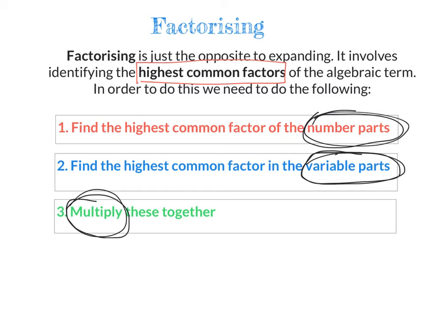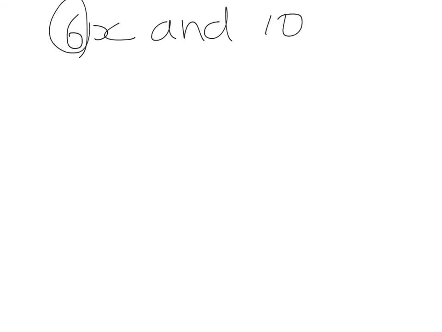All right, let us find the highest common factor of 6x and 10. We need to find the highest common factor of the number bits first. So let's break 6 down into factors.